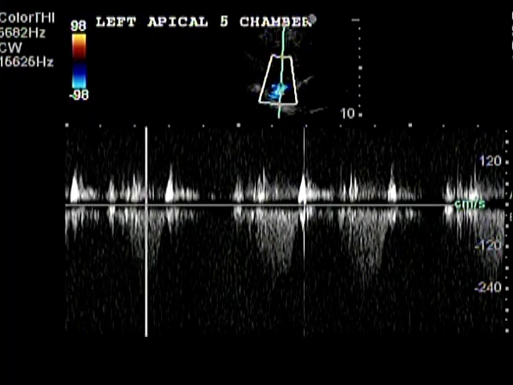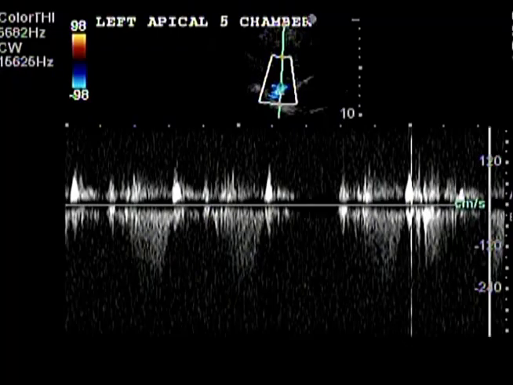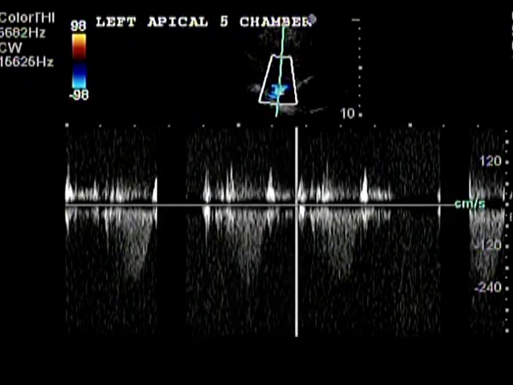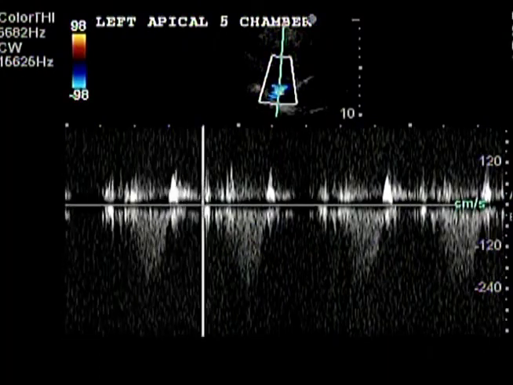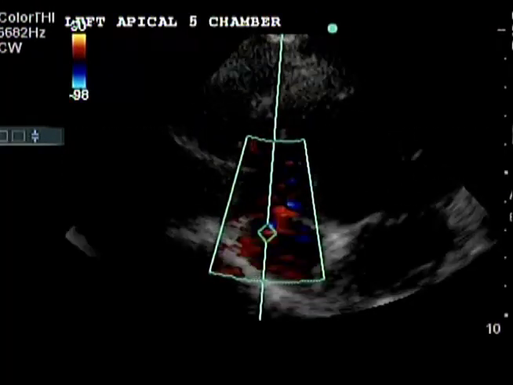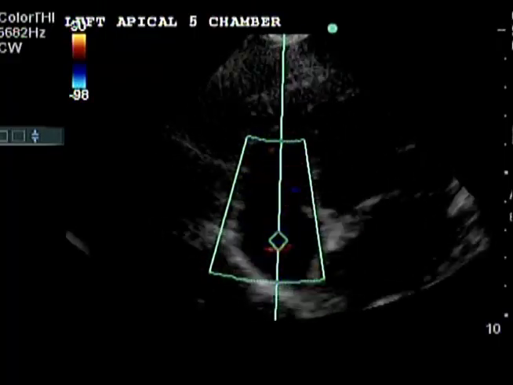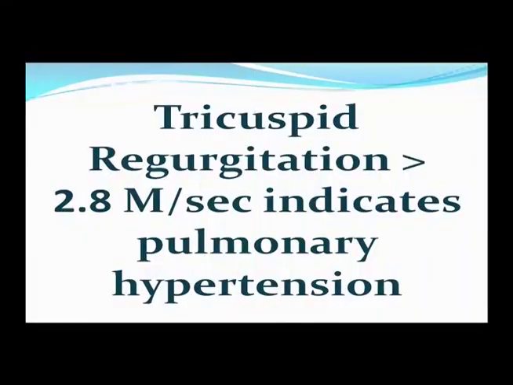If tricuspid insufficiency is present, the pressure gradient of the tricuspid insufficiency, taken from a left apical 5-chamber view, can be used to prove the presence of pulmonary hypertension. A peak tricuspid regurgitant velocity of 2.8 meters per second or higher is considered abnormal and indicative of pulmonary hypertension.